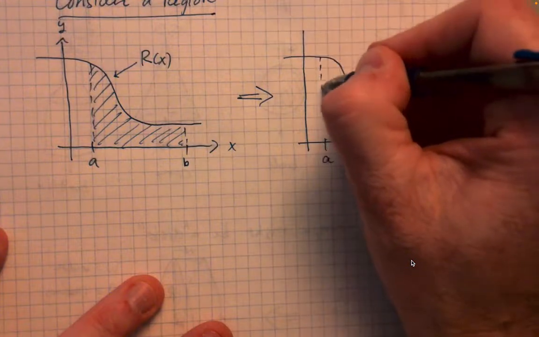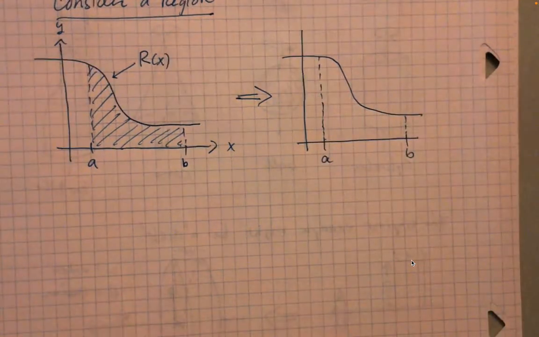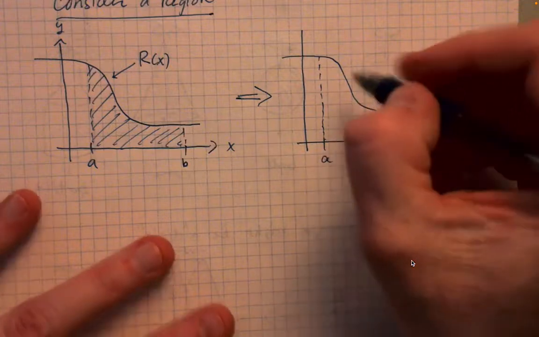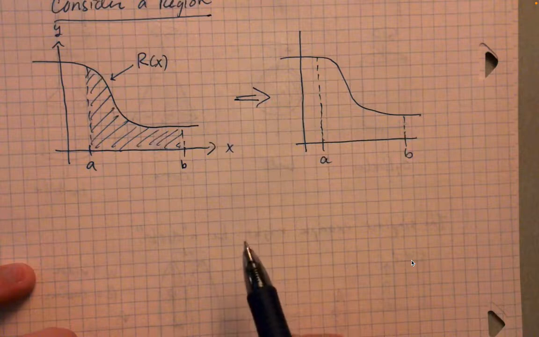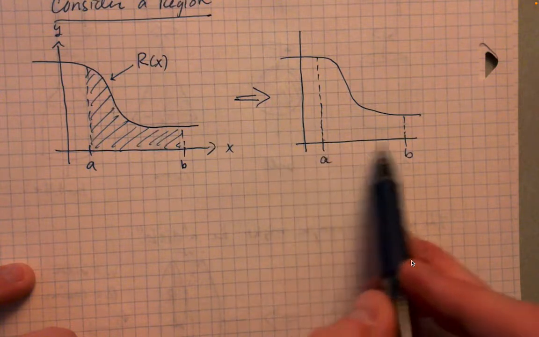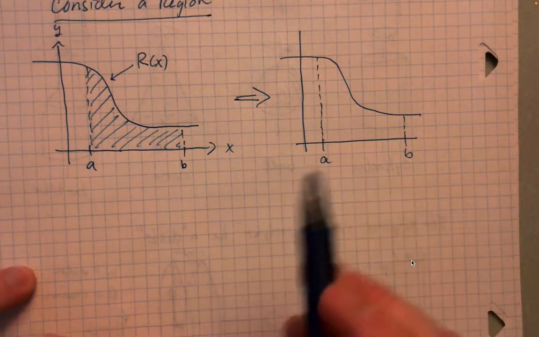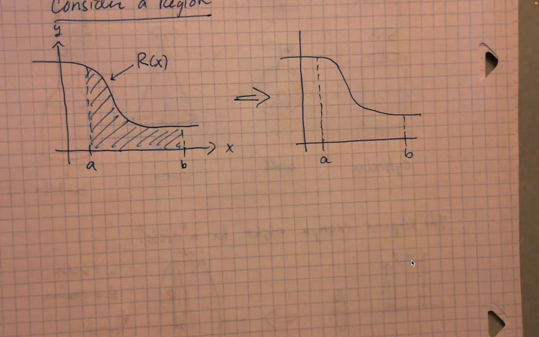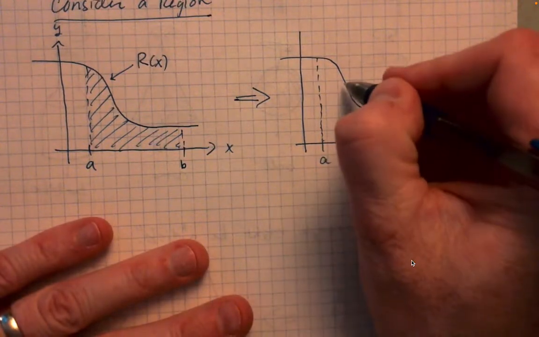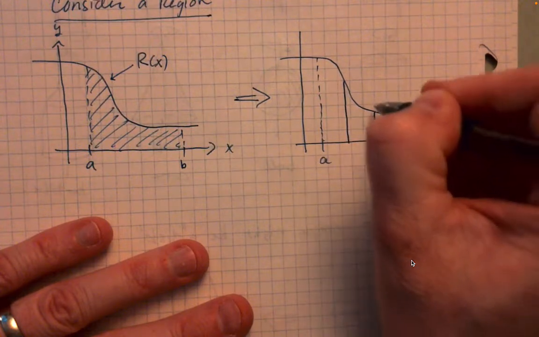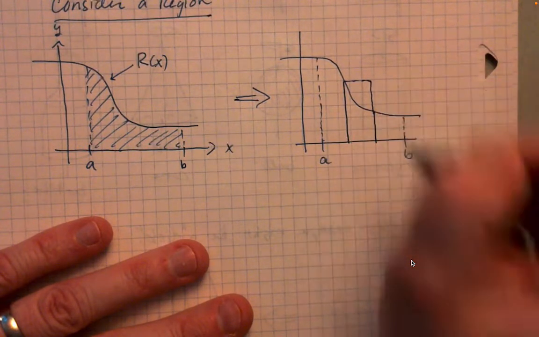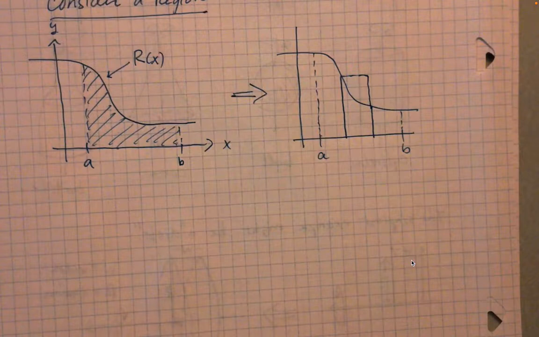Okay, now as part of the task of calculating the area here, we would break this interval down into a partition of n subintervals, and on each of those n subintervals we would construct a representative rectangle. When I say representative, I mean it's just giving us some idea of how this area works.